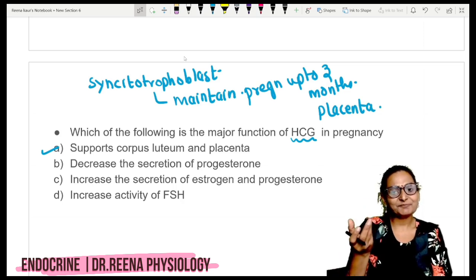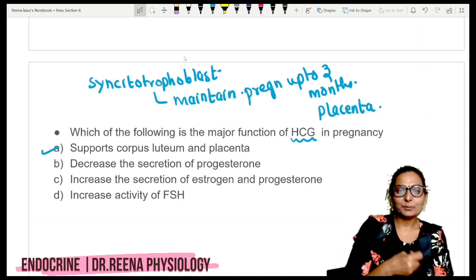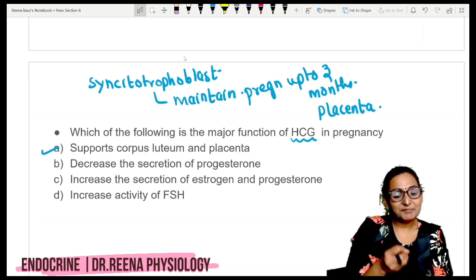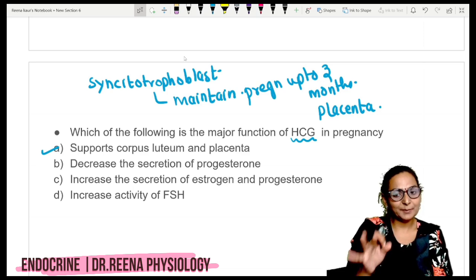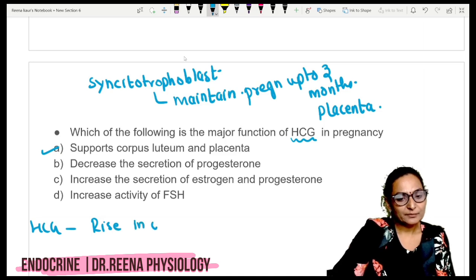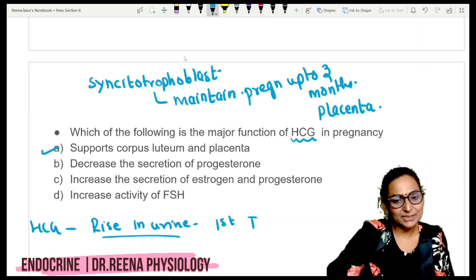Once the placenta is fully developed, it will itself secrete estrogens and progesterones. So the major function of HCG is maintaining 3-month pregnancy, plus HCG will rise in urine, and it is going to be the first indication that a woman is pregnant.